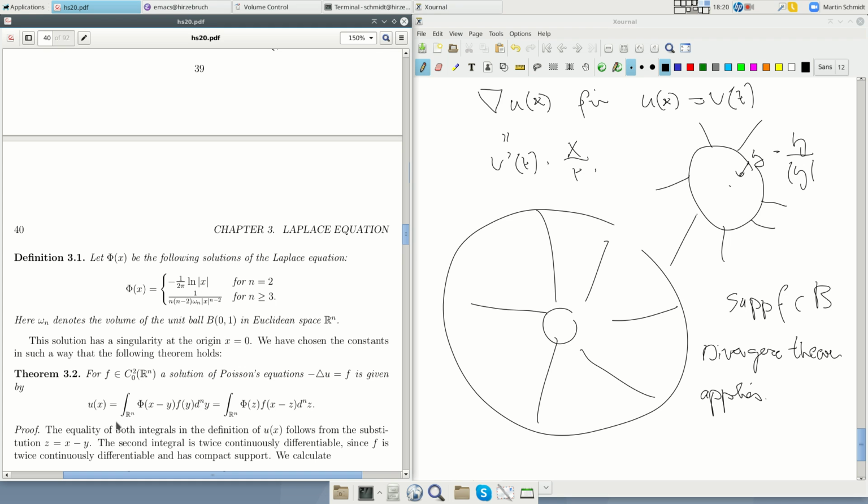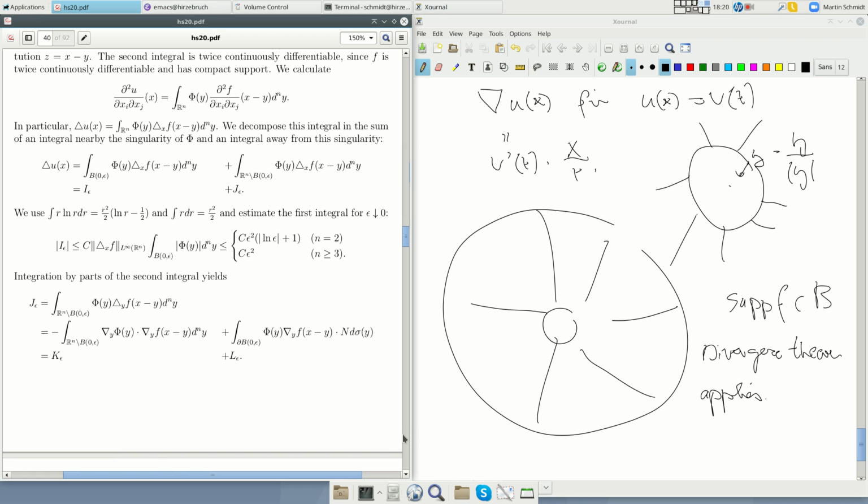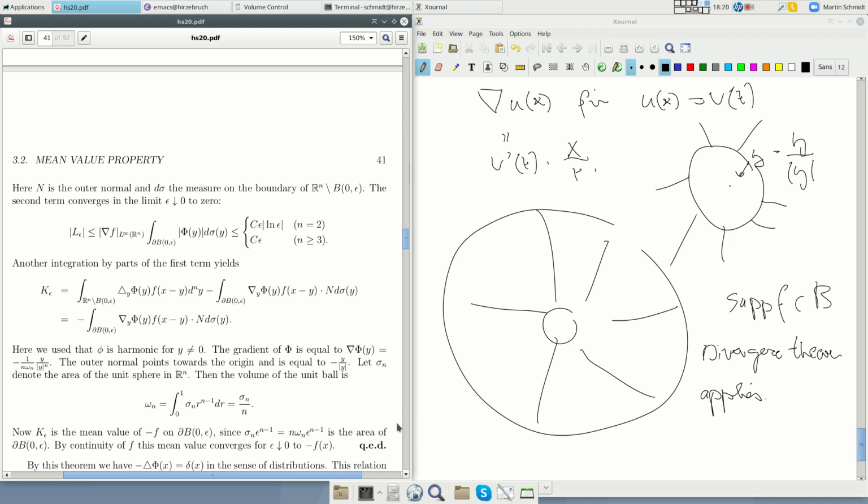Okay, so we are finally at this point here. Now the volume, also here we calculate the volume of, let's call it sigma n, the area of the unit sphere.